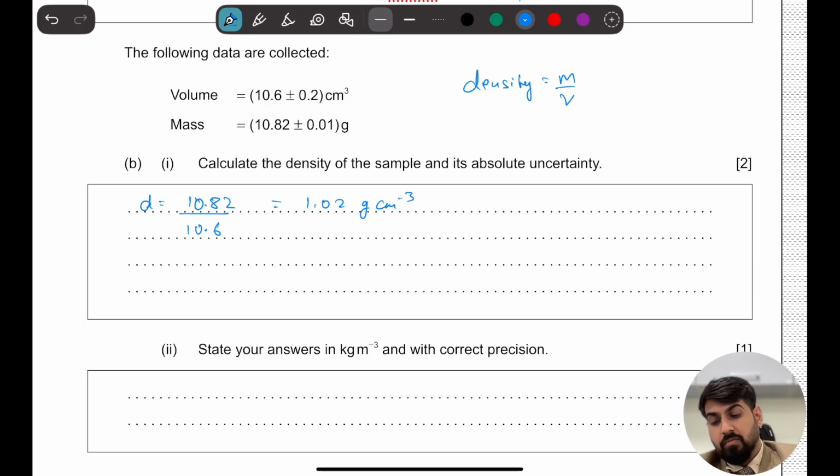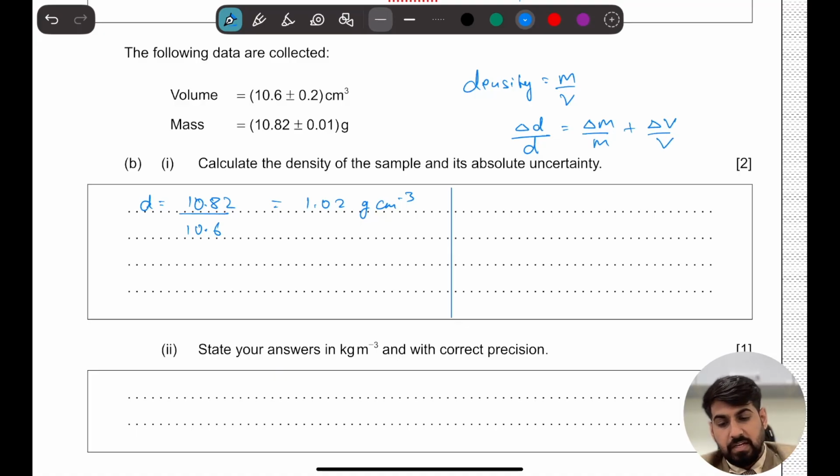And if we want to find out the absolute uncertainty, you know that the equation is given in your data booklet. It depends on the mass and volume, and mass and volume both have uncertainty. So we know that delta D, the absolute uncertainty in D, divided by density, or you can also say rho as you wish, equals delta m over m plus delta v over v.